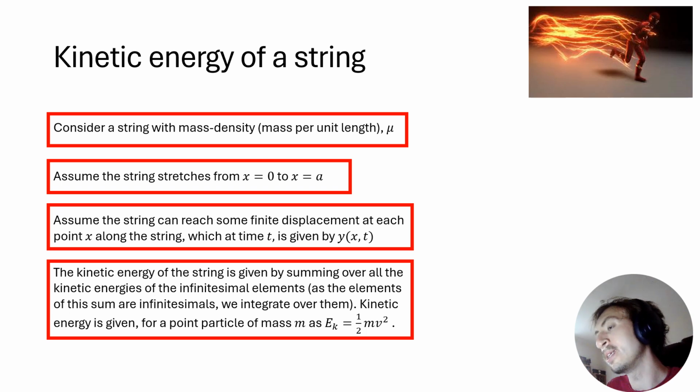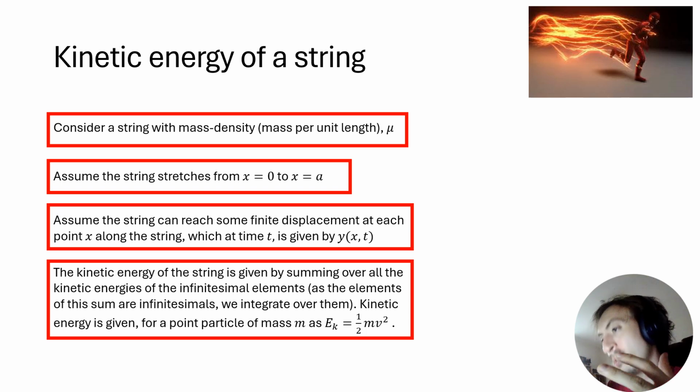And indeed, if you were to look far enough away, the string would appear like a point particle, but then you wouldn't be able to see any motion on the string, so it would be fairly redundant to ask what is the equation of motion of the string.